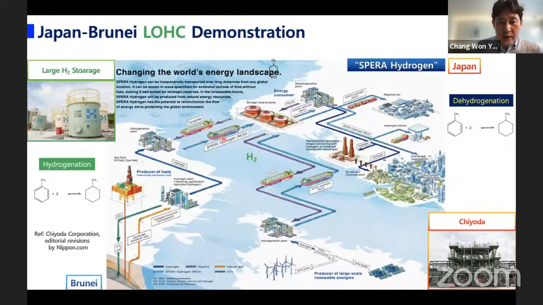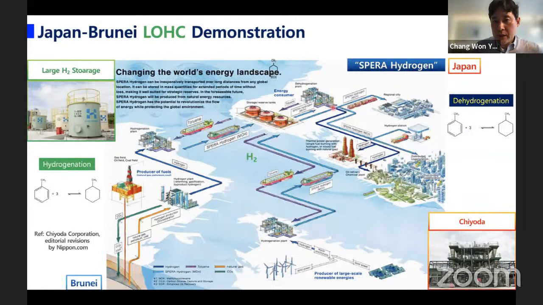Then what they do is fill this MCH liquid in the first ship, and they go back to Japan and store it in a large hydrogen storage. On demand, this methylcyclohexane will be transformed into toluene and hydrogen using this dehydrogenation plant.